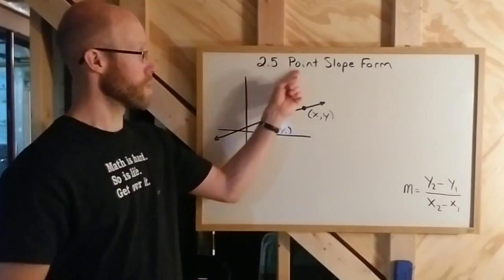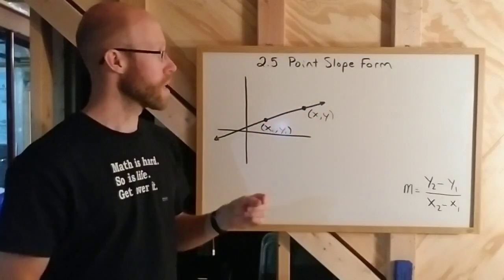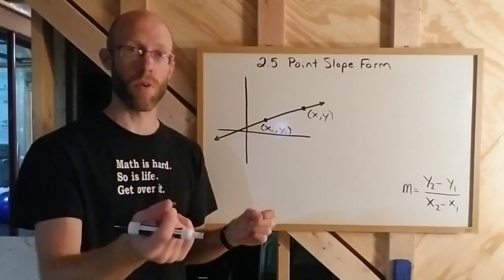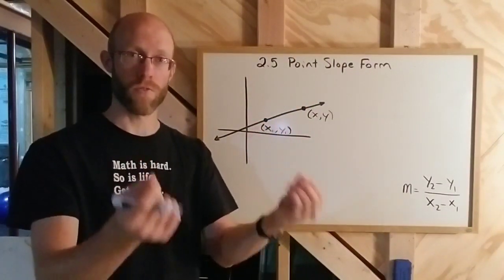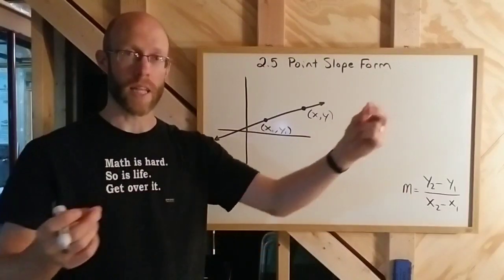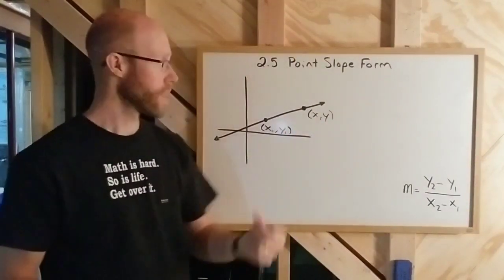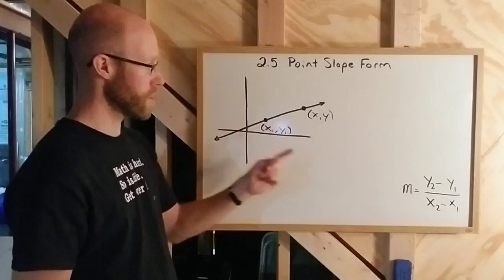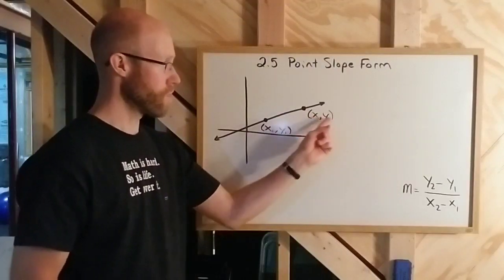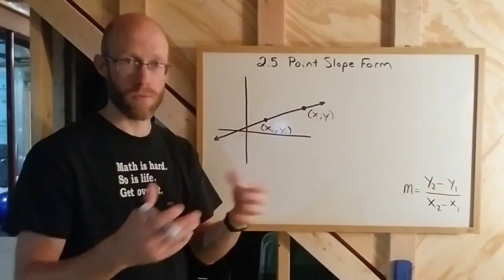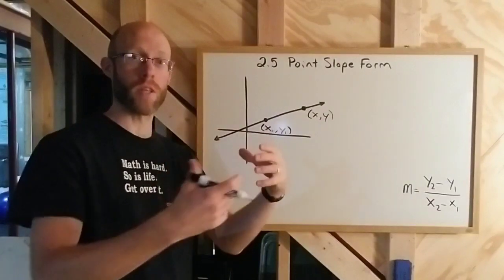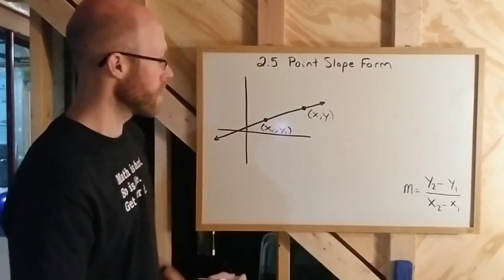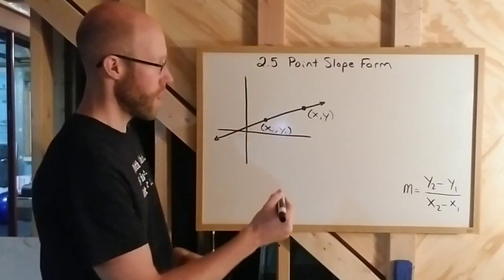So the reason we call this the point-slope form is because you're going to be given a point and a slope. Those are fixed. The rest of the line then is what you're trying to determine. So I give you the point, I give you the slope. You are going to be trying to figure out an equation to represent the rest of the line. So let's think about that.